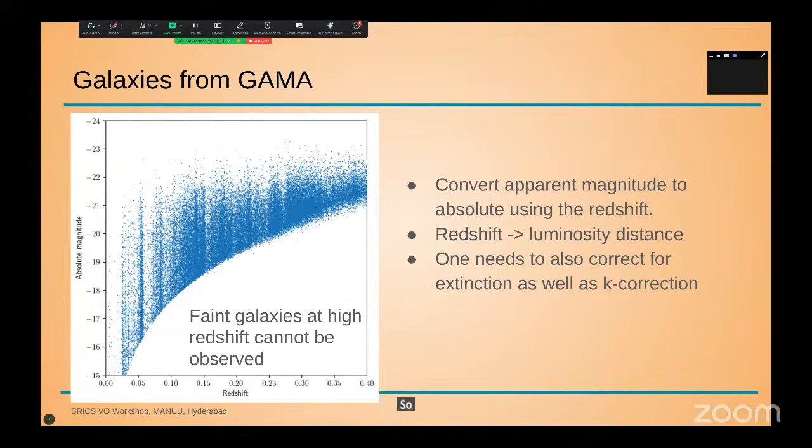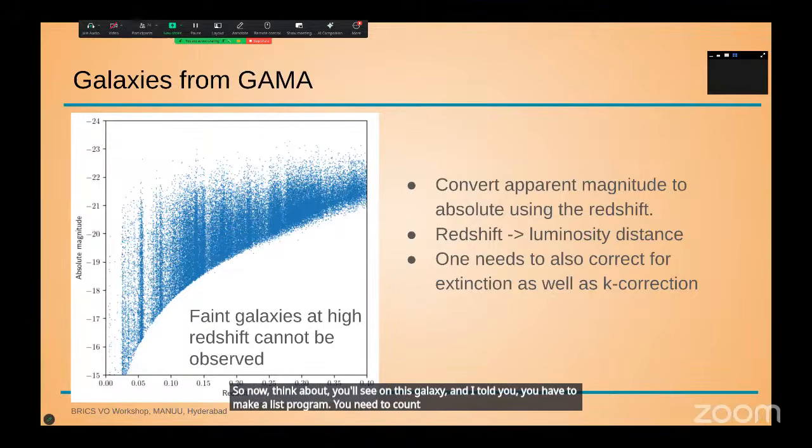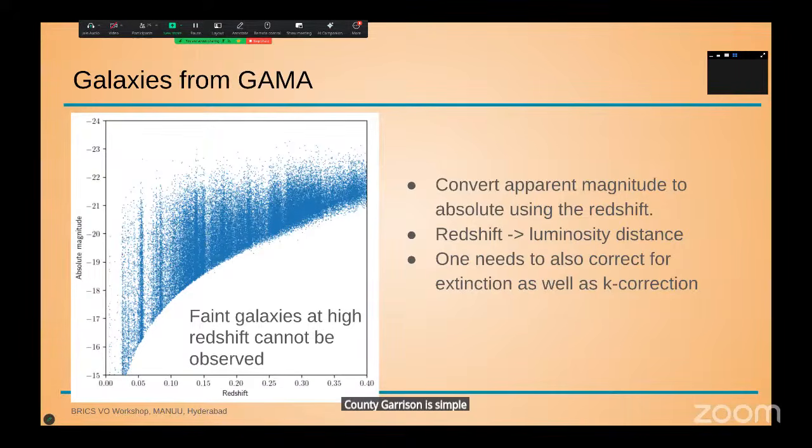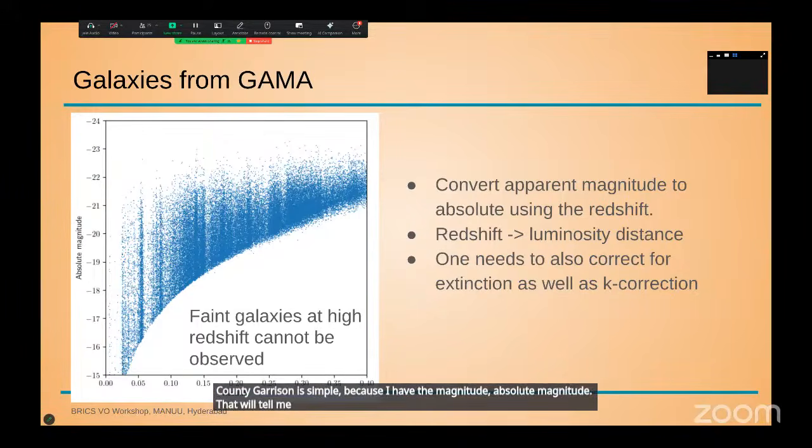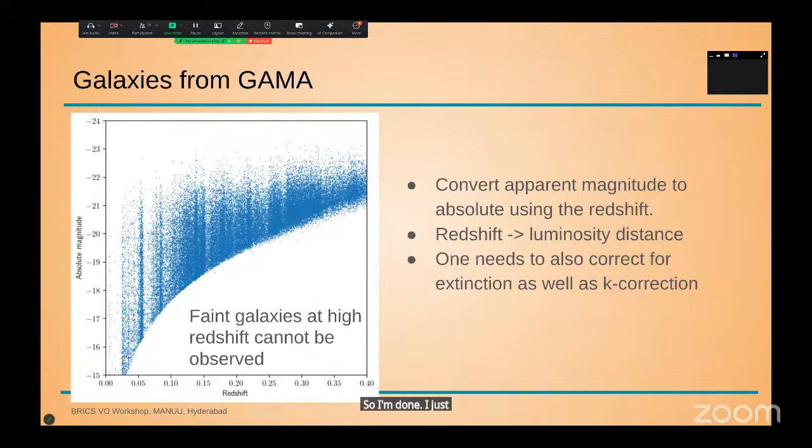So now think about, you have seen all these galaxies. I told you to make a histogram. You need to count how many galaxies per unit volume. Counting galaxies is simple because I have the absolute magnitude. That will tell me what the luminosity is. So I'm done. I can count 10 galaxies of this luminosity, 15 of that, 100 of that. That is easy to count.